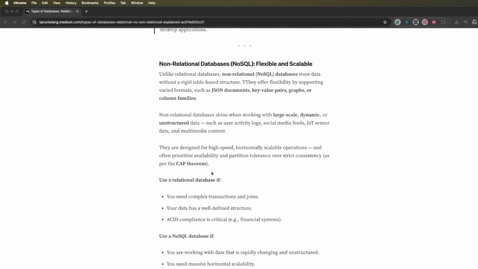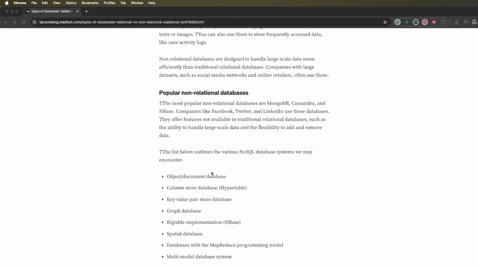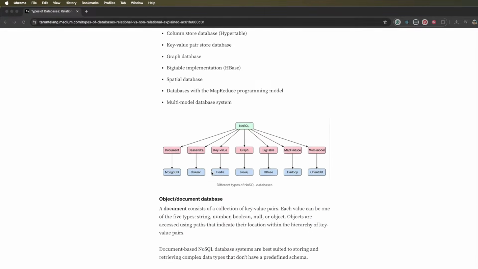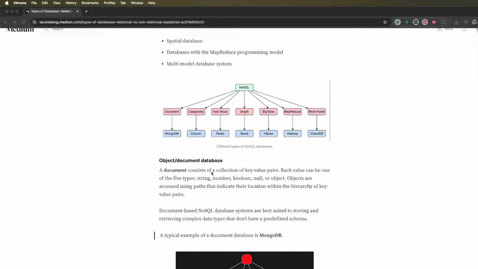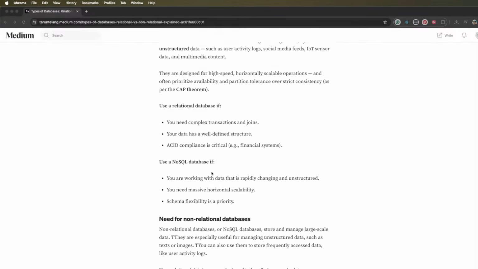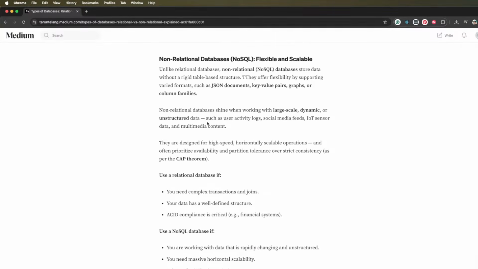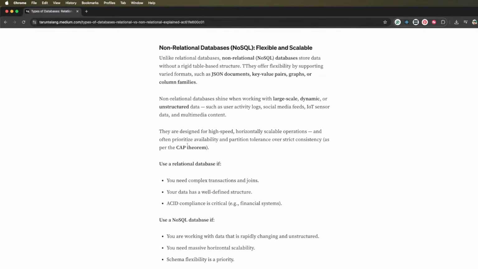Precisely. But there's often a trade-off involved here. Oh, what's the catch? It often involves strict consistency, which brings us to something called the CAP theorem. CAP theorem. Okay, sounds important. It is. We won't get into all the gory details today, but essentially, it describes the inherent challenges in distributed systems, which many NoSQL databases are. Distributed meaning spread across multiple machines. Exactly.